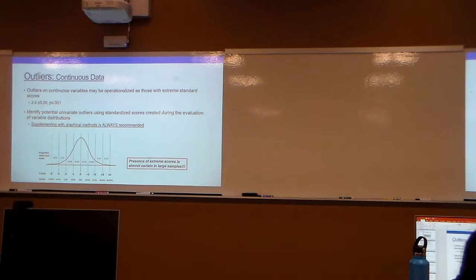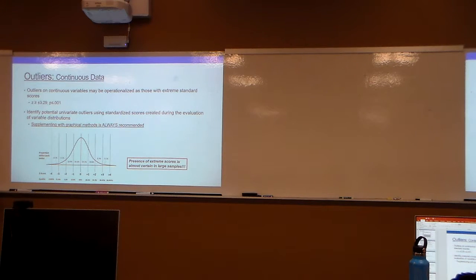Okay. So for our continuous data, we think about outliers as operationalized as those with extreme standard scores. We're going to talk about standardized scores in just a few minutes, but if we have a z-score greater than or equal to plus or minus 3.29, this is associated with a probability value of less than 0.001.